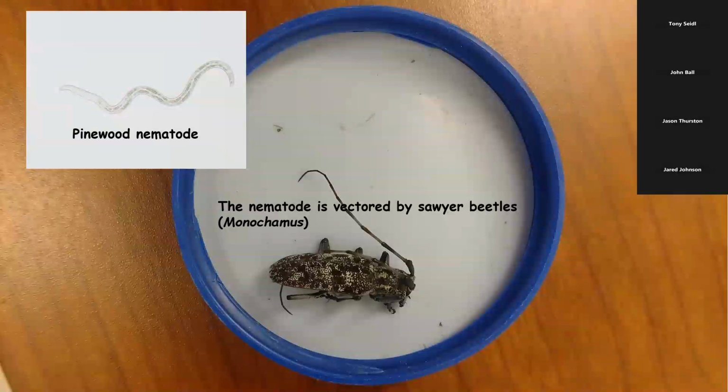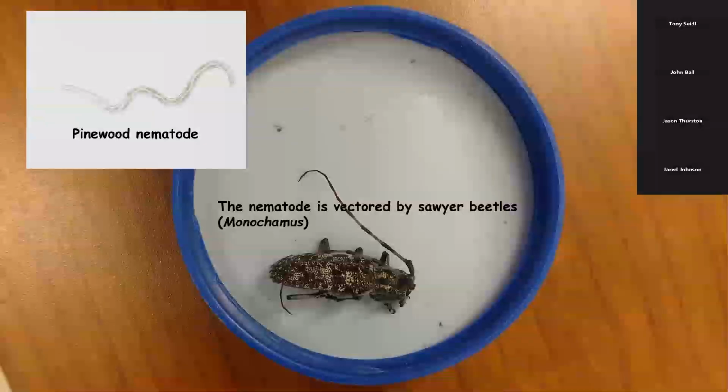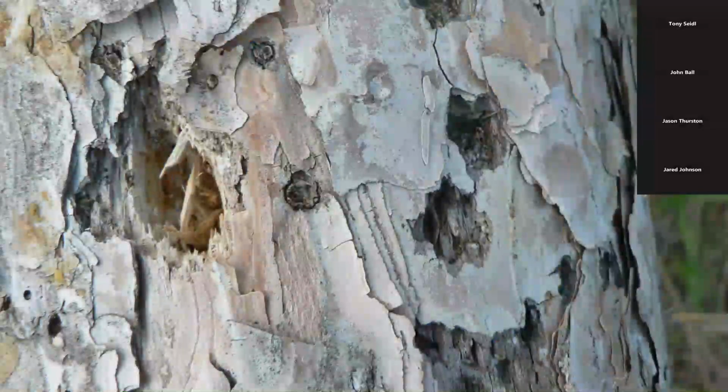In fact, before the Sawyer beetle emerges, it actually releases a chemical which attracts the pinewood nematodes to hop on, literally, or hop in the case of this, because it transports in the tracheids as it's being moved to a new host. And you can see the new hosts where they've got the egg niches where egg laying occurred with the Sawyer beetles, and you can find their grubs in these trees as well.